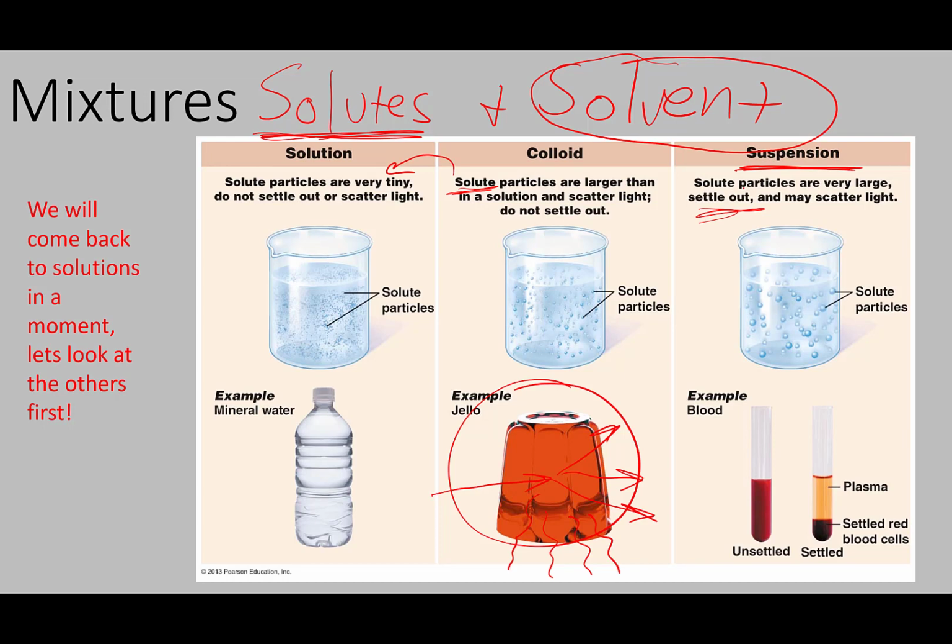If you've ever seen in a lab where they take some blood and put it in a centrifuge, when it comes out, it's been separated into its components. The liquid portion, the solvent, is plasma, and the solutes are going to settle out after a while.